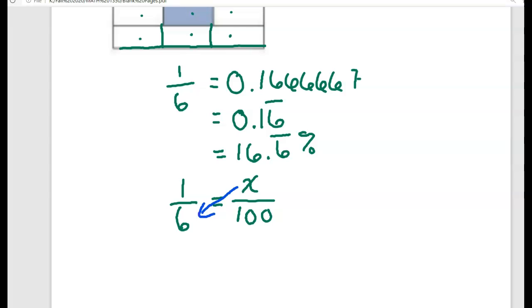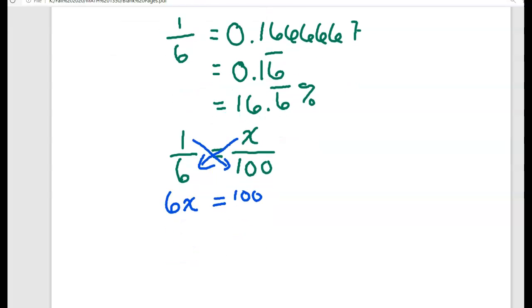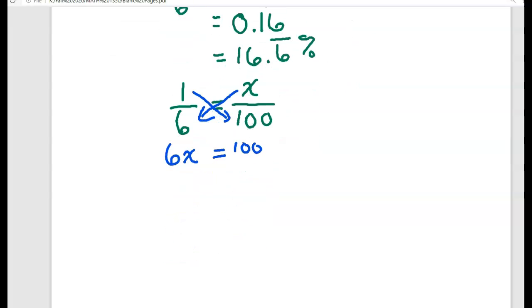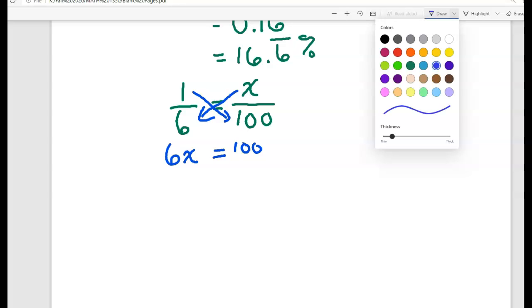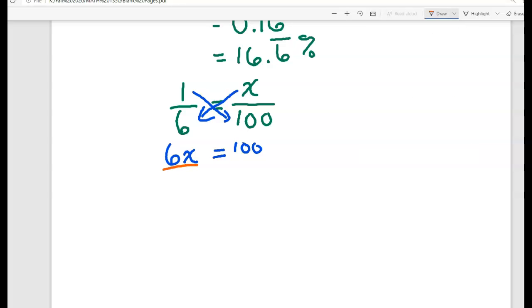We're going to take 6 times x, and we get 6x is equal to 1 times 100, which is 100. I then will divide both sides by the number that is attached to the variable, which is the 6.